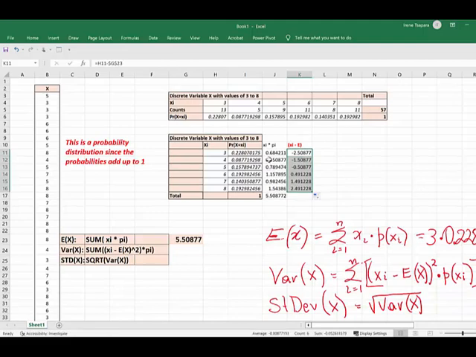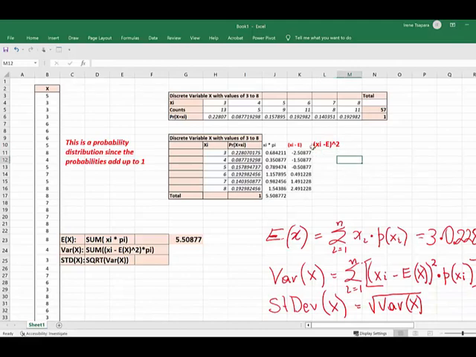And I do the same for each one of those right there. I don't add them up because this is not what I want. I want to do the same thing right here, subtract the E from the xi for each one of those. And then what I want is to take the value and raise it to the second power.